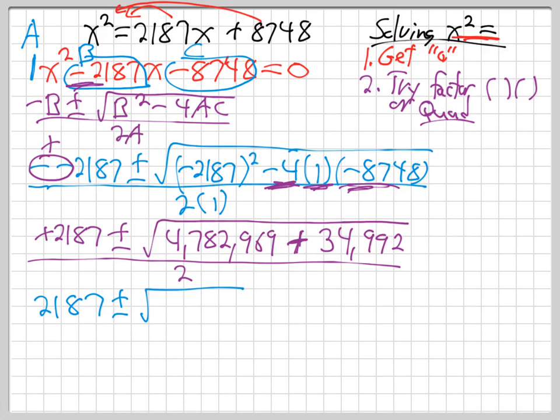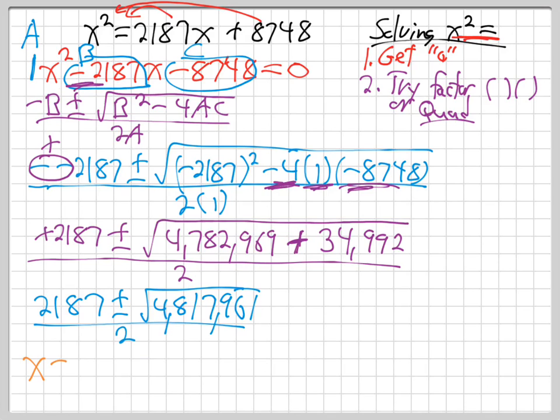I'm getting the square root of 4,817,961 all over 2. All right, this is big and it's ugly. So we're going to have to get 2 separate answers for this one.